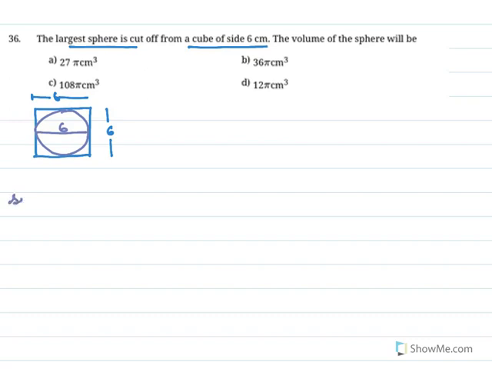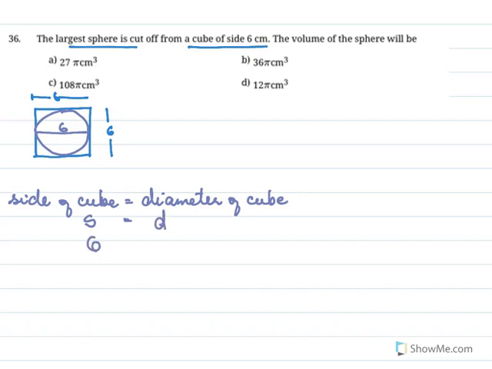So in this case, the side of cube equal to diameter of sphere. So side of cube is S, diameter is D, and we know side is 6, 6 is equal to diameter, so radius equal to 3.